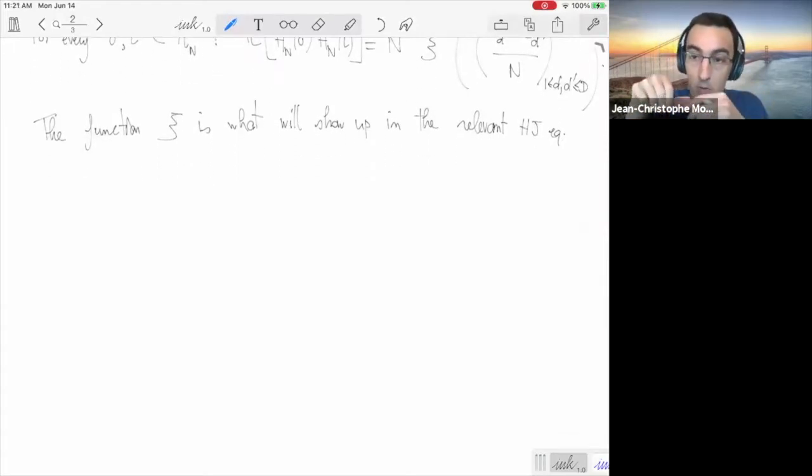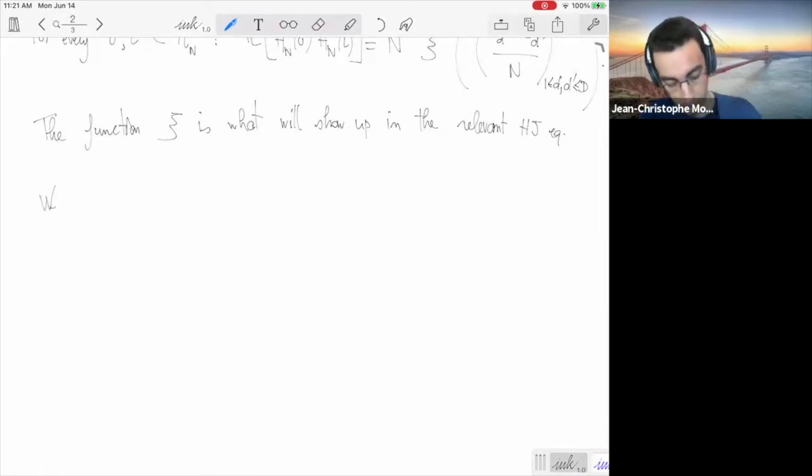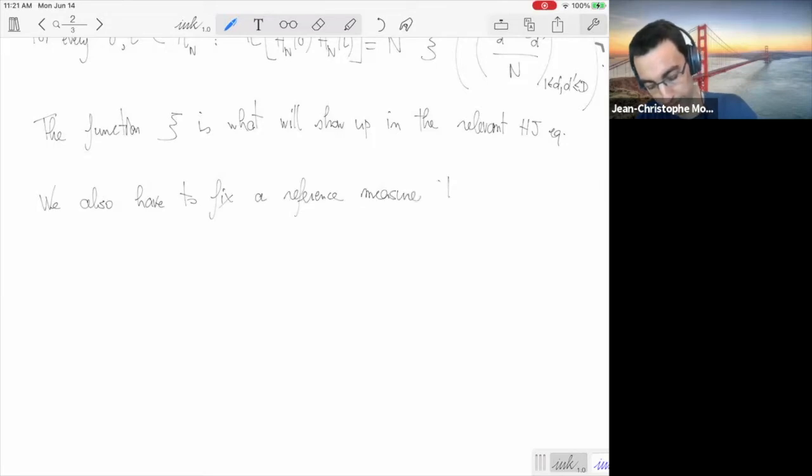And like for the models we have studied so far, Curie-Weiss or generalized Curie-Weiss or statistical inference, we can also choose a reference measure. It's this thing that we denoted by P_n most of the time. And again, for simplicity, I'm going to assume something simple for P_n.